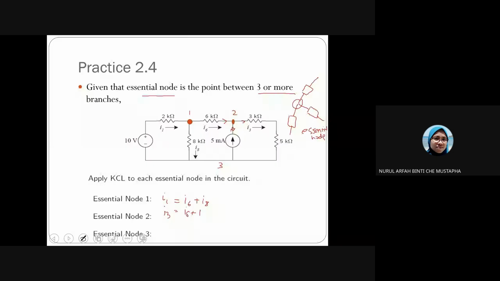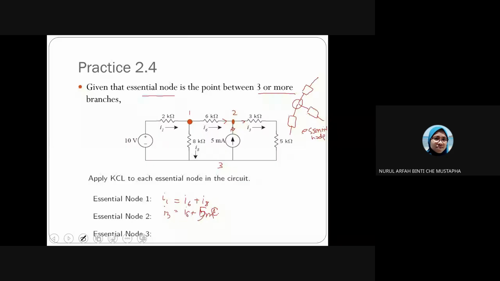You already drew this: this is current in, this is current out. You just I3. There's no name, but it is a current source, right? For that current source, 5 maybe. Yeah. 5, okay.